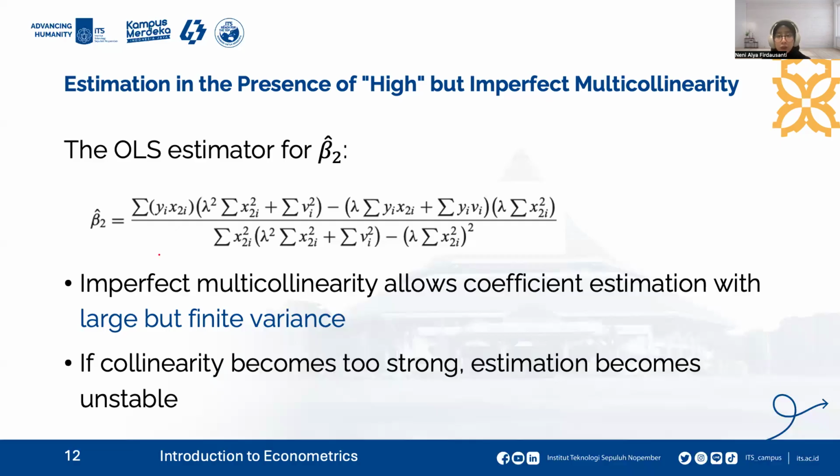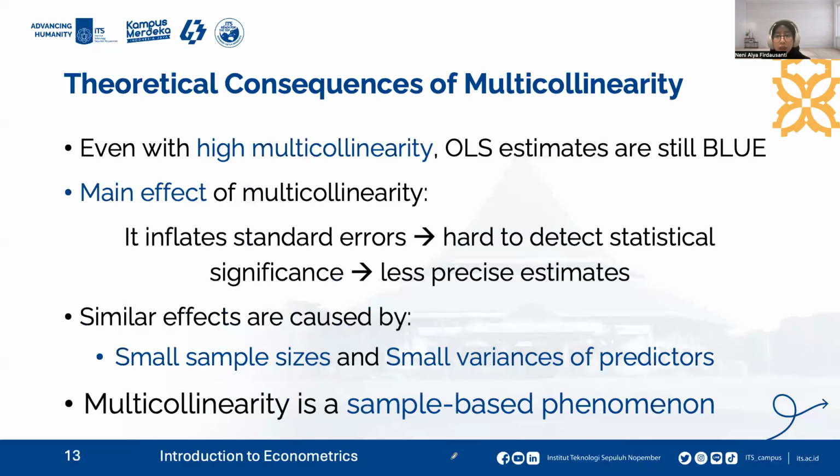So that's why, by theory, the consequences of multicollinearity will be this one. Even with high multicollinearity, OLS will still have a BLUE estimate, which means unbiased, consistent, and efficient. But because of the multicollinearity, the standard error of your estimation will be inflated.